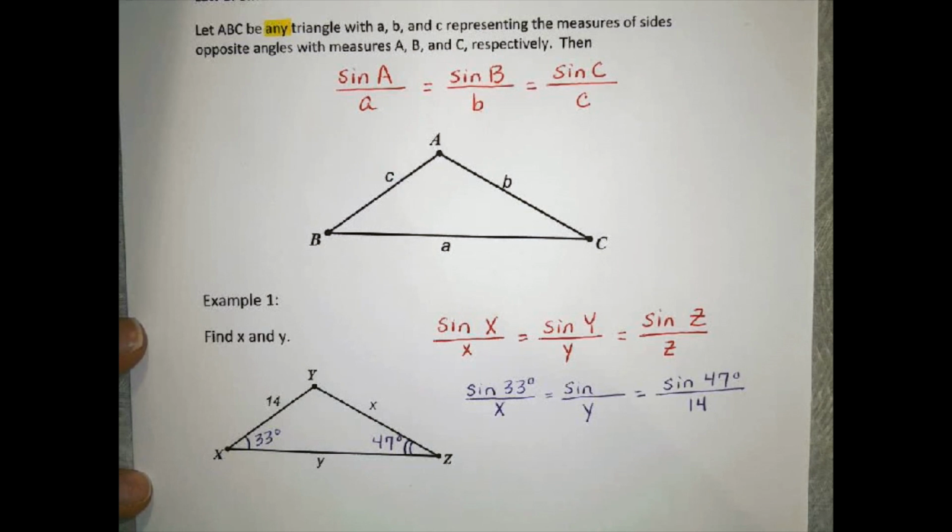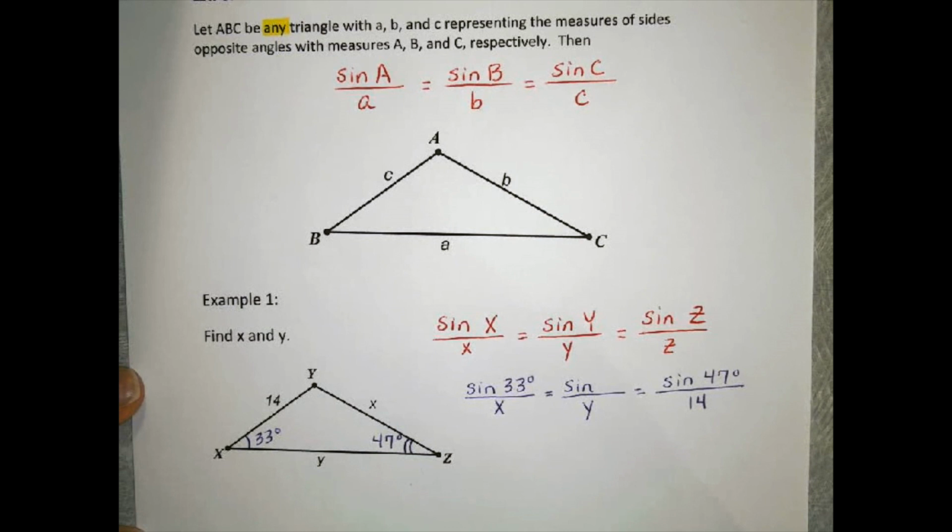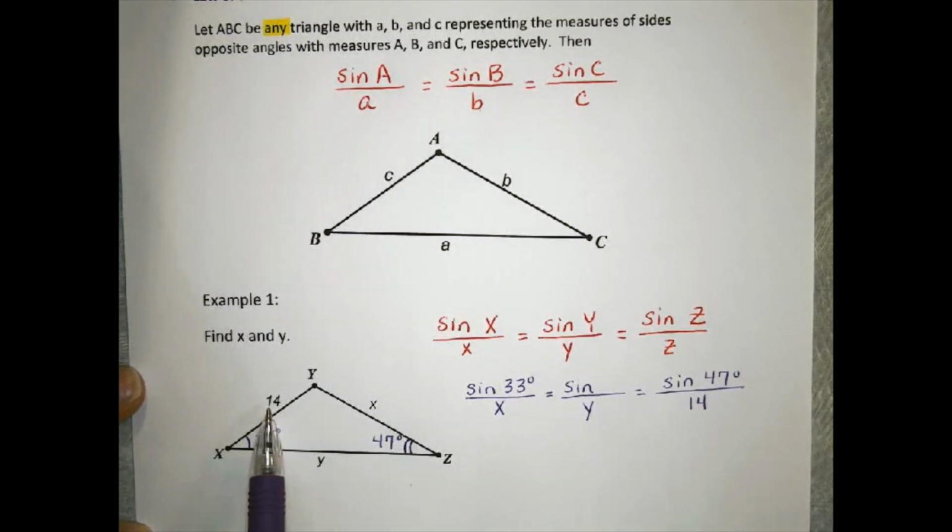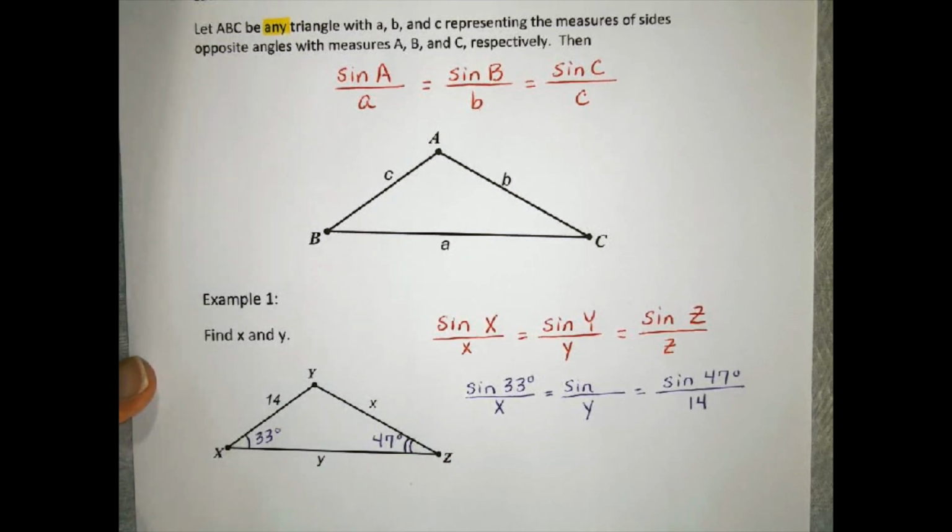So we are going to try to solve this triangle. That means that we need to find all the sides and all the angles, and some information has been given to us already. Your handout already indicates that side z is 14. You will need to add the information that angle X is 33 degrees and angle Z is 47 degrees. This information is given as part of the problem.